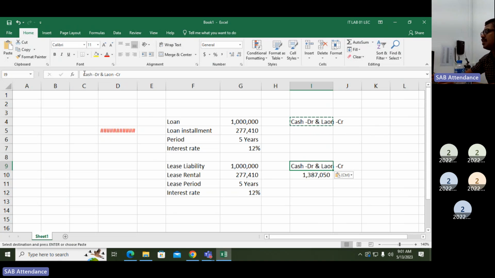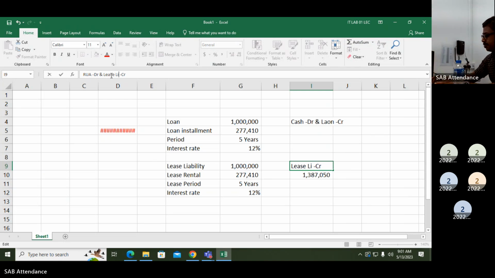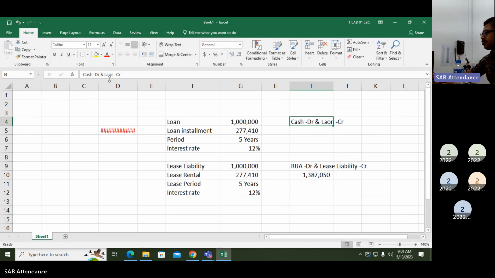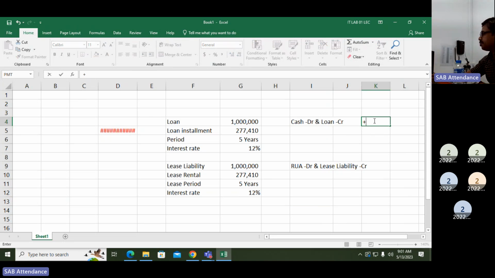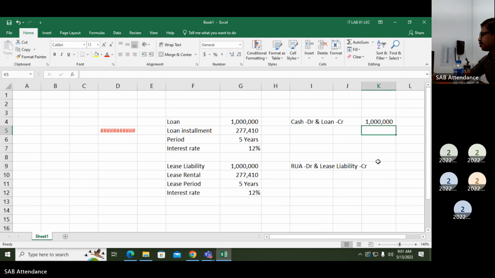Instead, we are receiving some asset, a right of use asset. We debit right of use asset, credit lease liability. This is also 1 million. Here also 1 million.